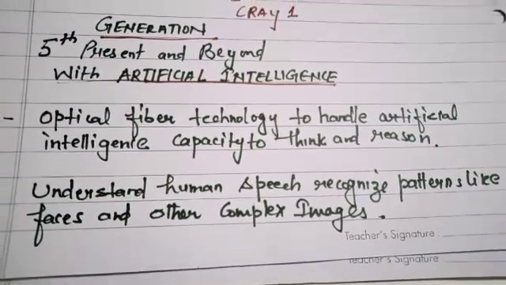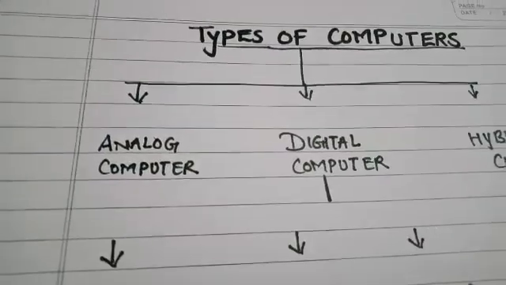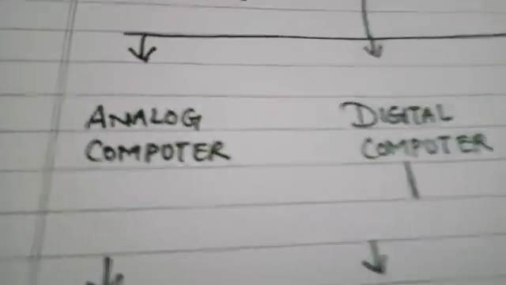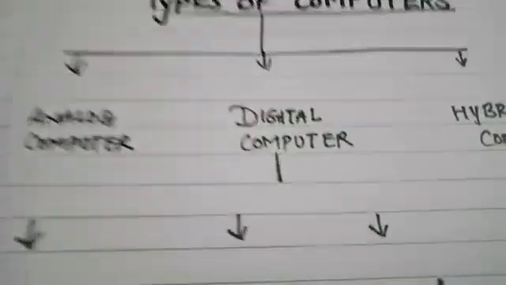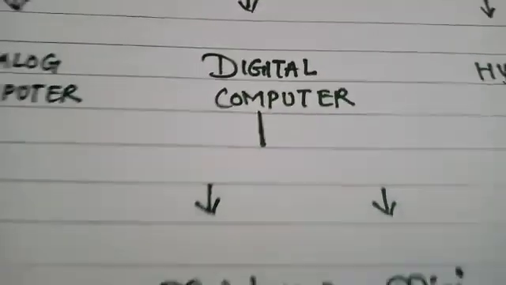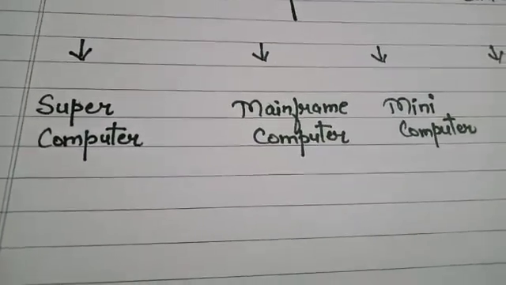The types of computer: there are three types of computer: analog computer, digital computer, and hybrid computer. And digital computer is classified into four types, that is supercomputer, mainframe computer, mini computer, and microcomputer.